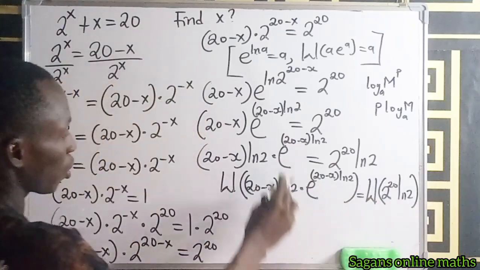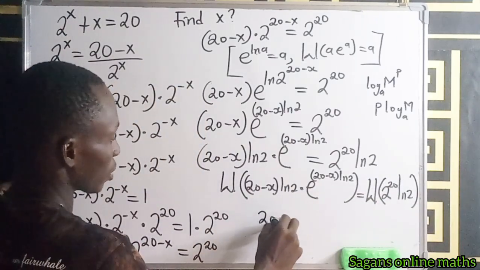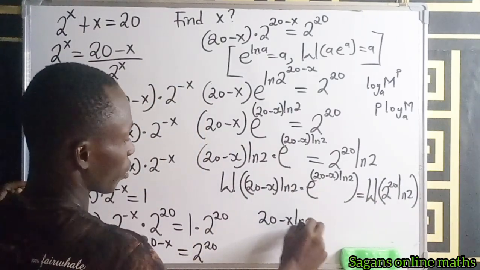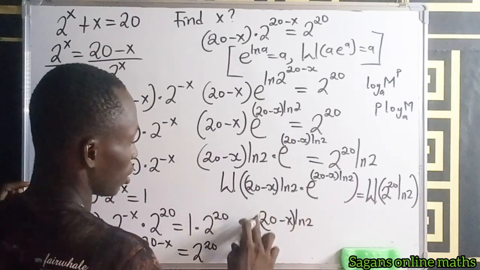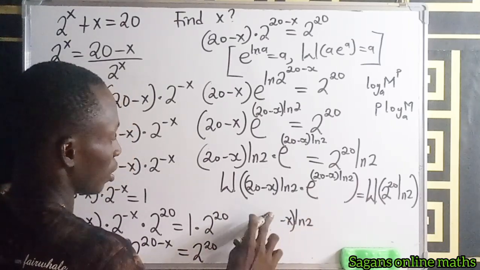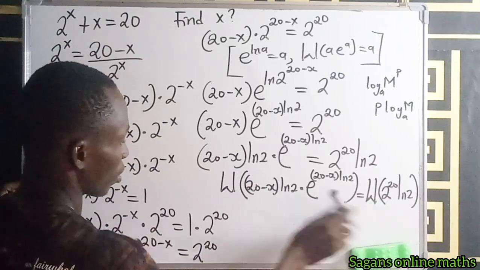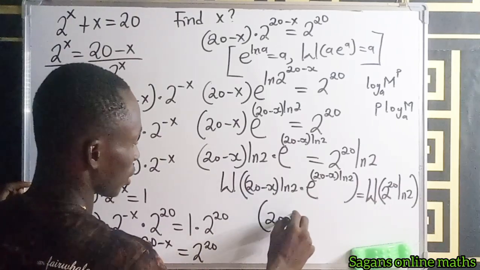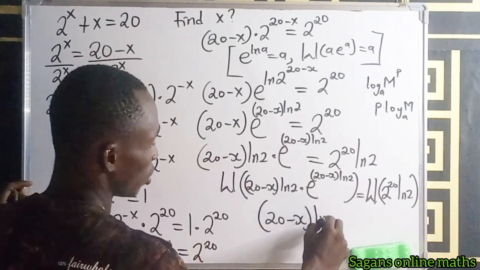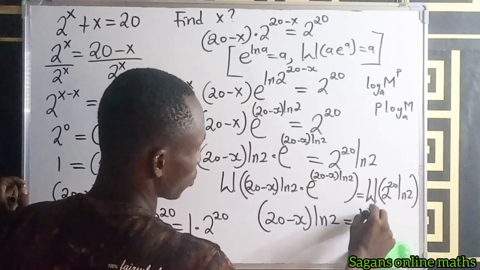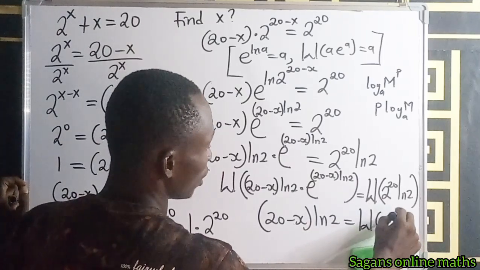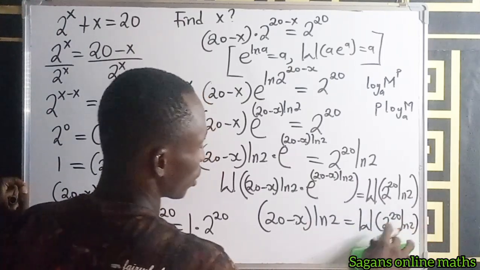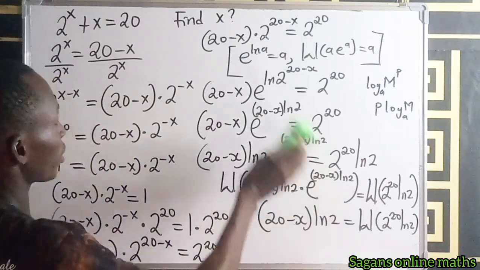Now all this will just give us 20 minus x ln 2 is equal to the W function of 2 to the power of 20 ln 2.